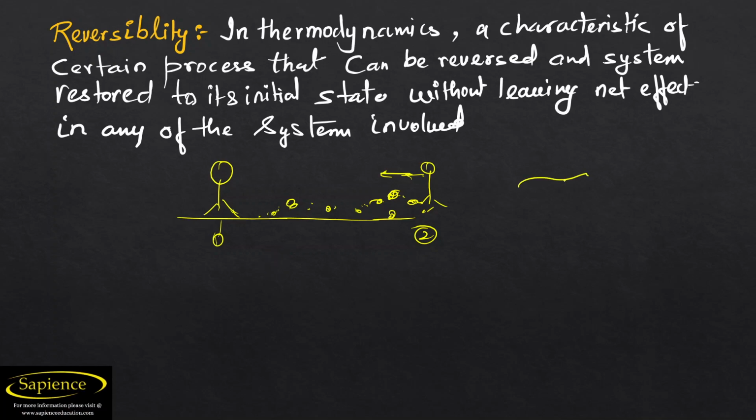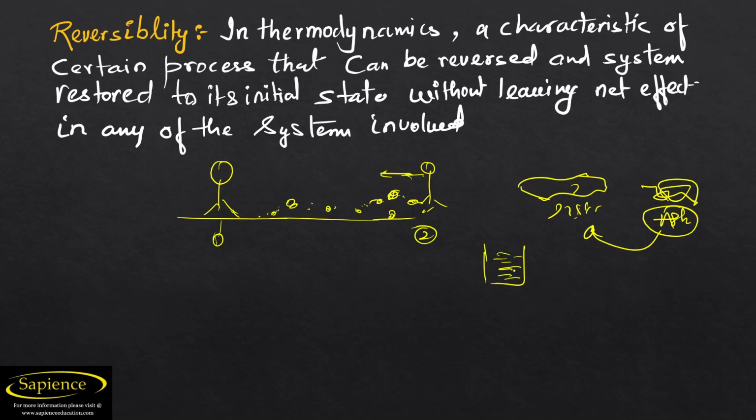Or you can also take paper. This is a paper, and if you burn this paper, it will become ash. You can't reconvert it to paper. So this is an irreversible process. But what will happen when we melt ice?